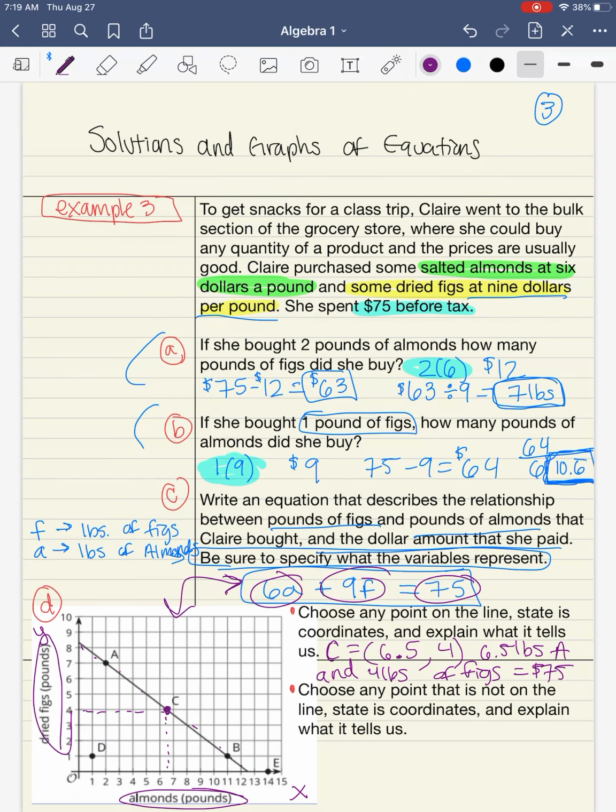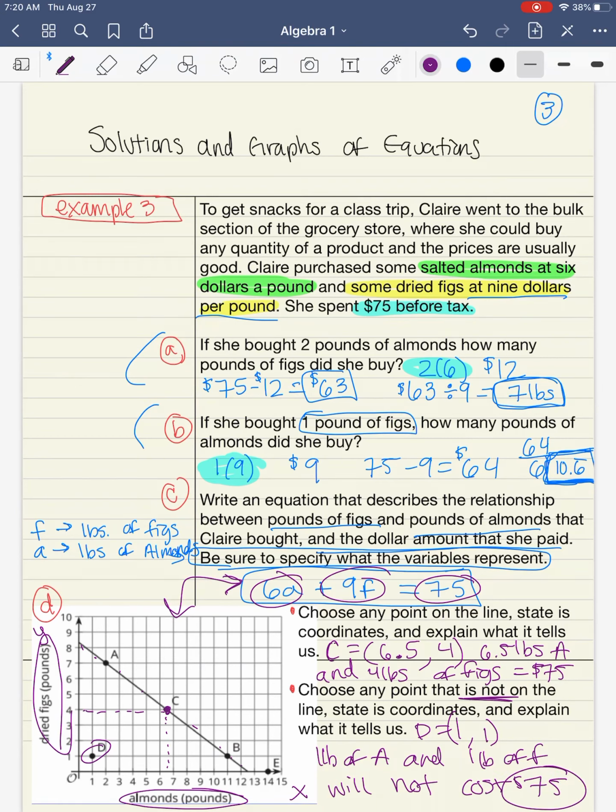The second one says choose a point that's not on the line and explain what that tells us. So we've got this point here, and that ordered pair is 1, 1. So 1 pound of almonds and 1 pound of figs will not cost $75.